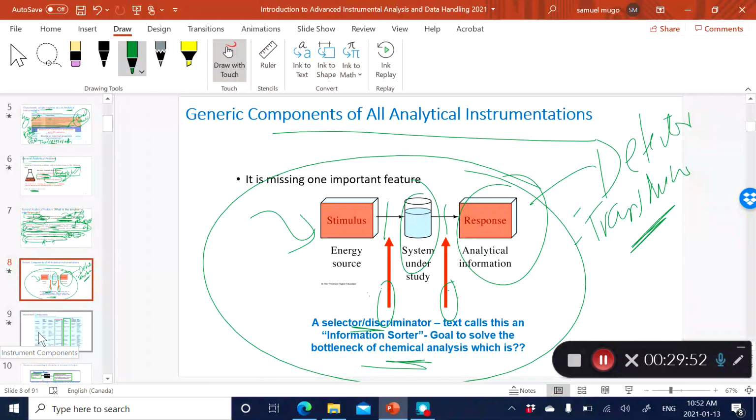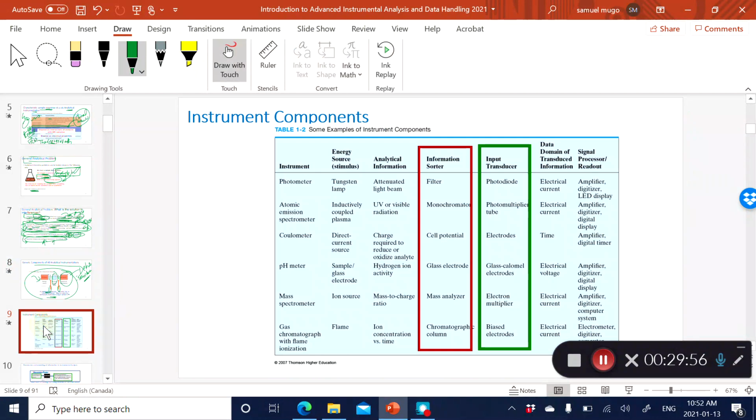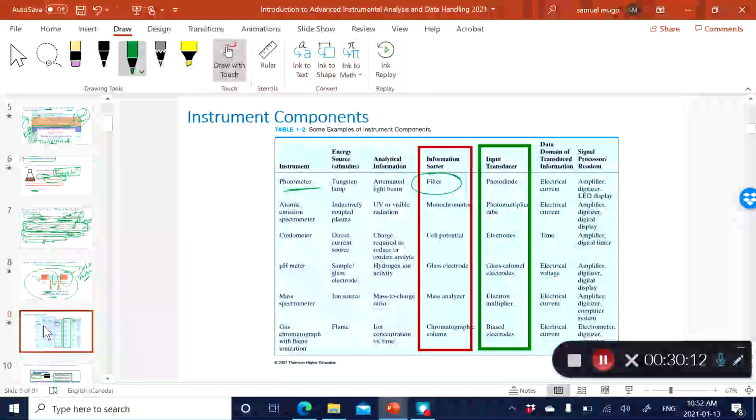So for different types of instrumental methods, what are the information sorters? For example, assume you've got a spectrophotometer, the information sorter in that case would be a filter. The idea is only allowing selected wavelengths to impinge on the sample, and not the entire white light.